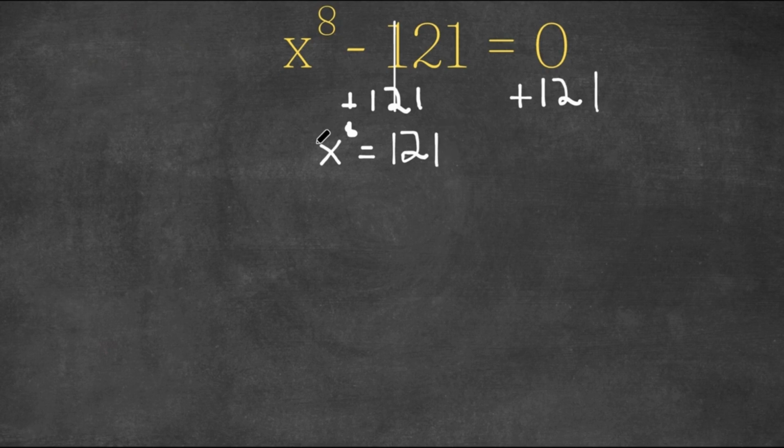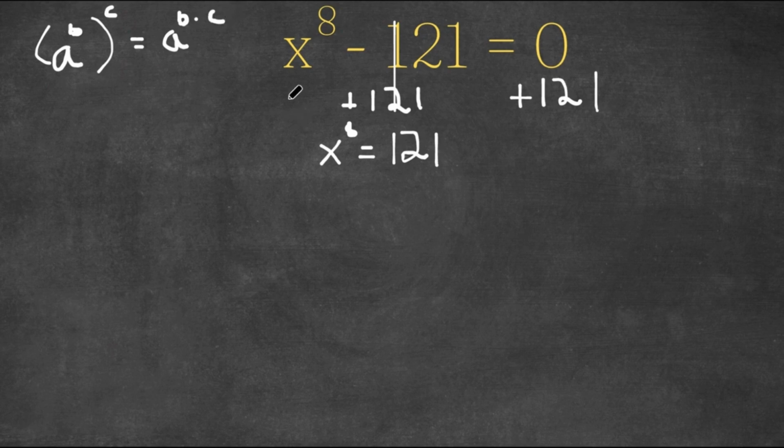Now what we're going to do is recall a property of exponents. If we have a to the power of b to the power of c, this is equal to a to the power of b times c.